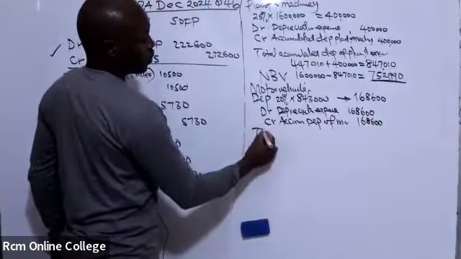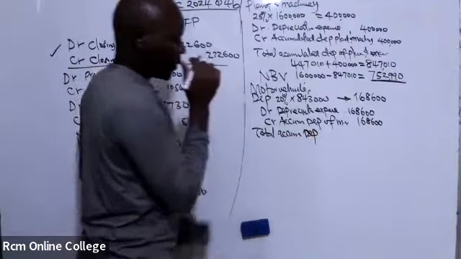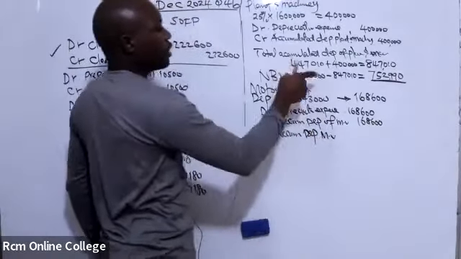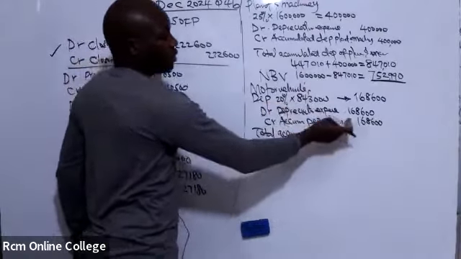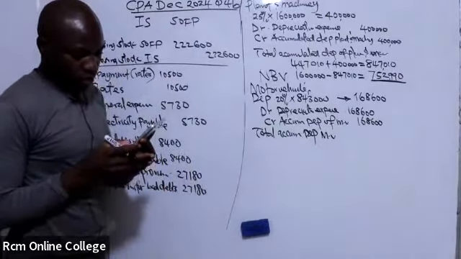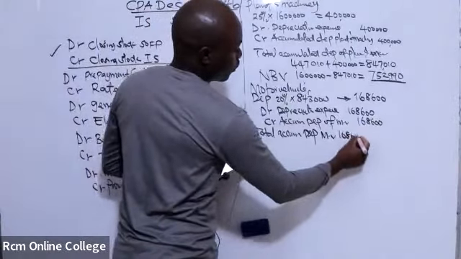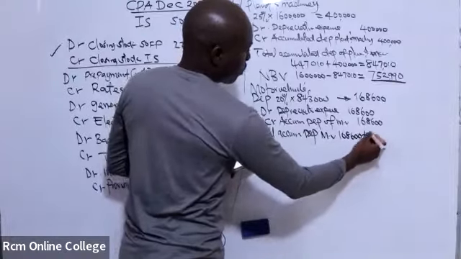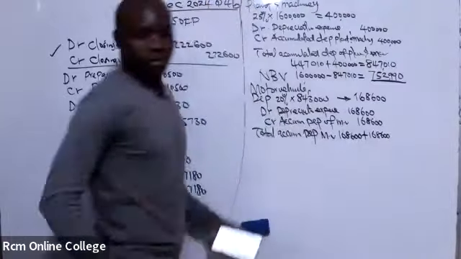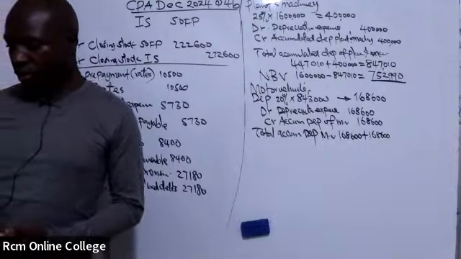Having done that, can we get total accumulated depreciation for motor vehicle? On the opening, let's look at the opening provision for depreciation: 168,600, plus the same 168,600. Are we able to get that total? 337,200.